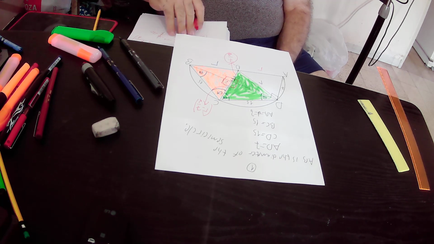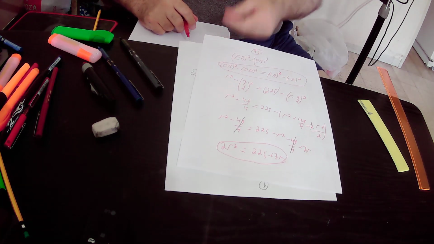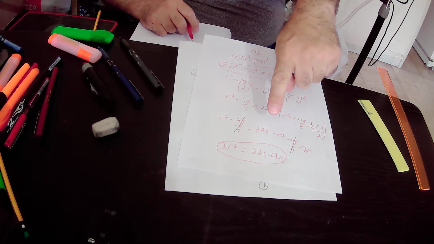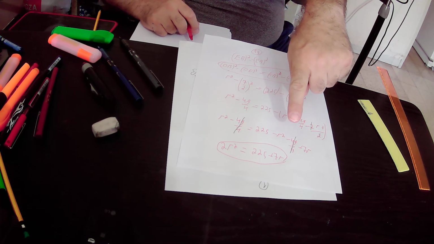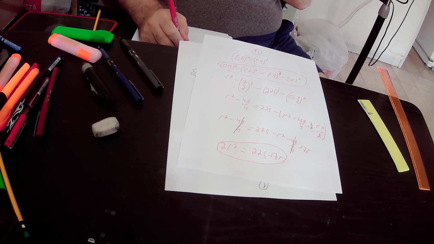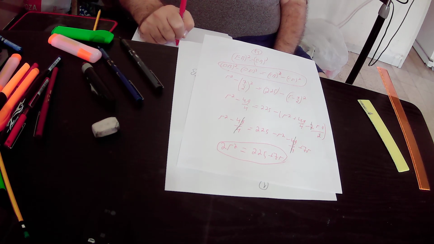Okay, in total we got that 2r squared equals to 225 plus 7r. Here we will subtract from this equality 225, and we will also subtract 7r, and we will get that 2r squared minus 7r minus 225 equals to 0.